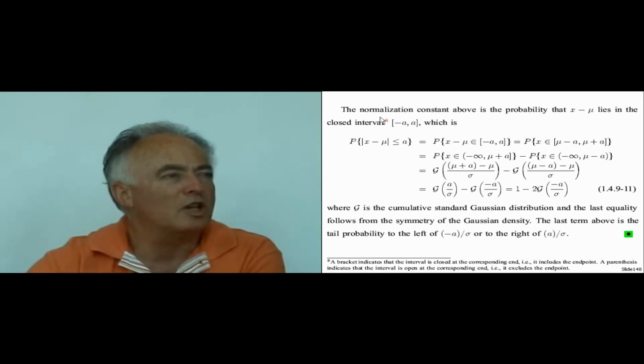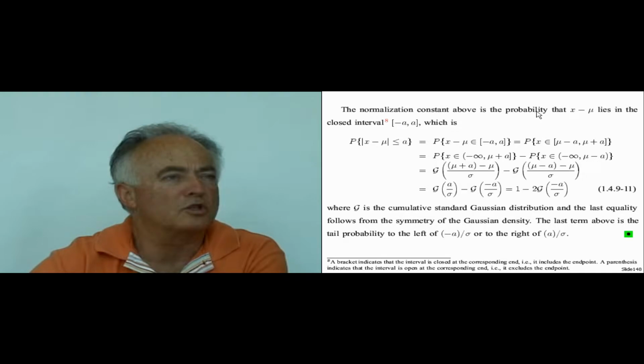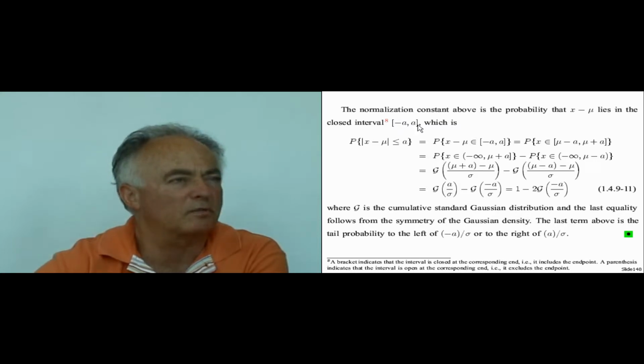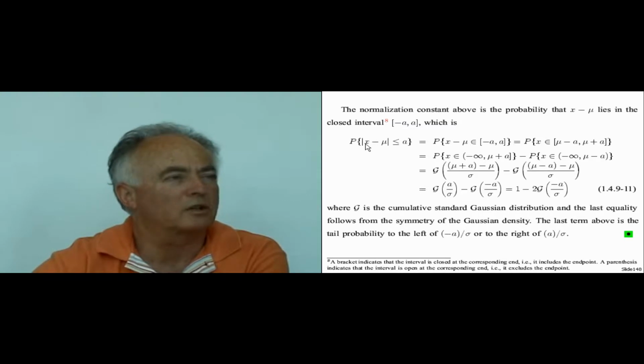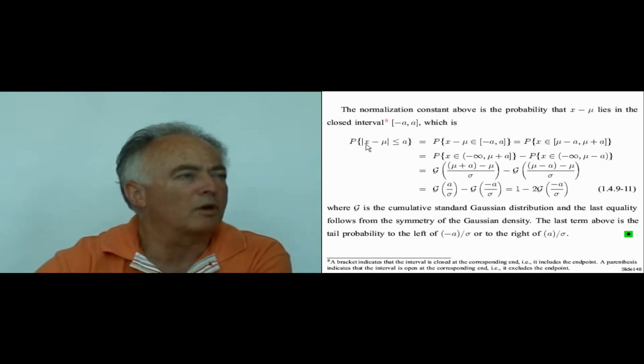So that's a simple truncated Gaussian. Now, the normalization constant above is the probability that x minus mu lies in the closed interval minus a to plus a.